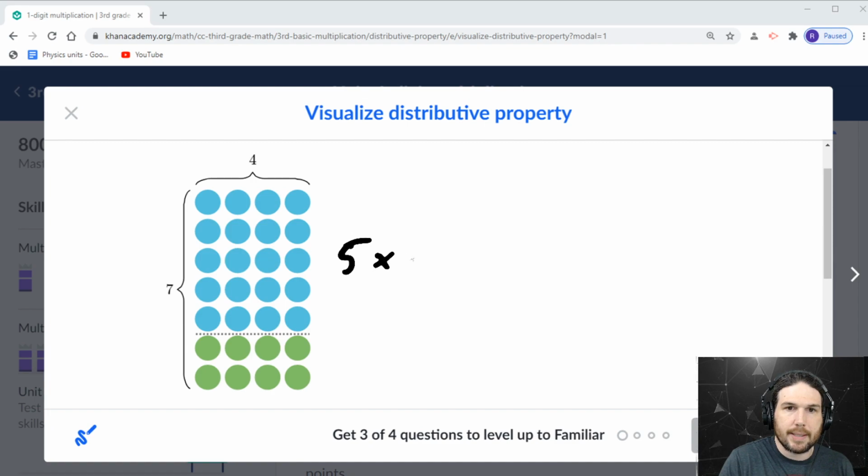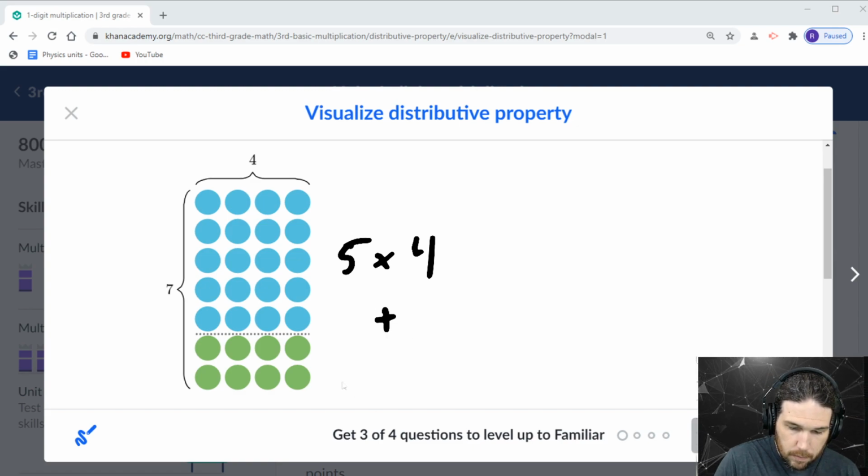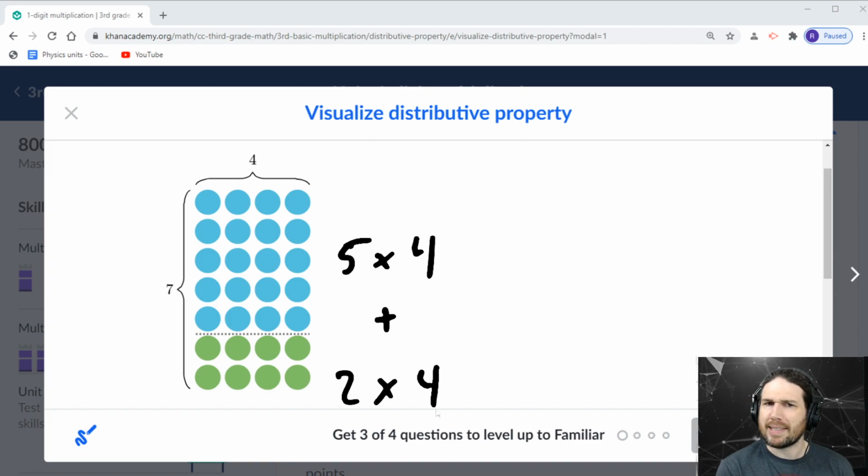Just the blue bits. That's 5 times 4, right? That is 4, 5 times. 4 rows, or 4 rows with 5 in each row. Plus 2 times 4. I hope that makes sense.